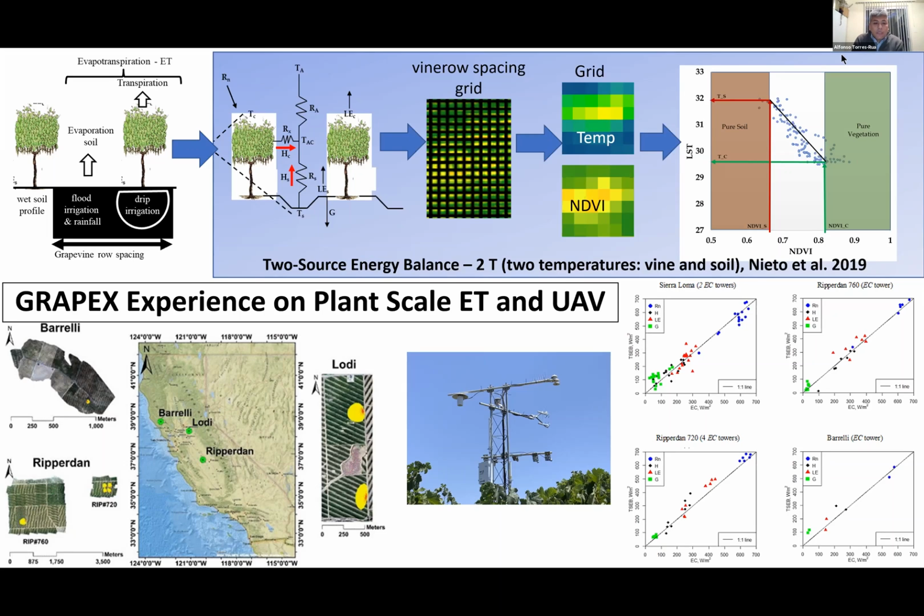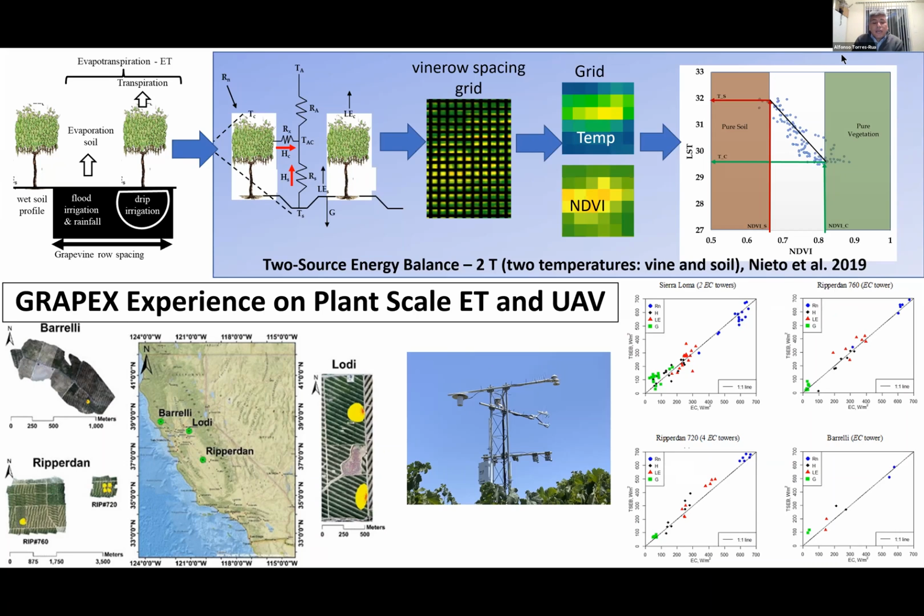This model allows us to estimate the energy balance components that are happening at the interrow and at the plant scale, which are related with the water fluxes happening in these two conditions.